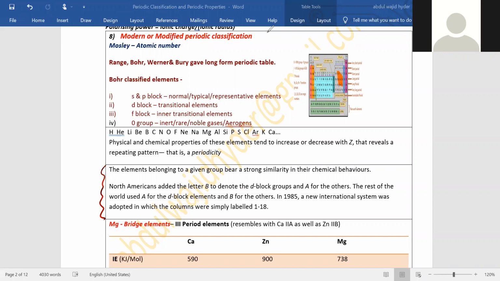We'll be talking about the classification of elements, some more points related to this.